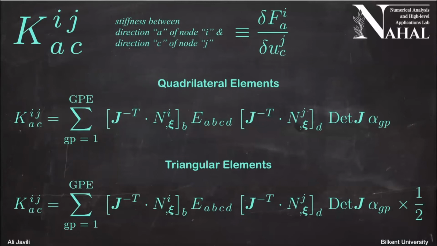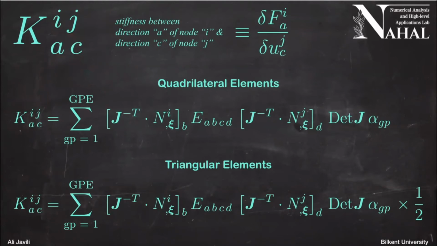Summarizing everything, what we have learned so far is that K_ijac, which is the direction a of node i, so that's the force part, with respect to the direction c of node j, that would be the displacement part, would be your stiffness, and that stiffness is calculated using these summations over the Gauss points.